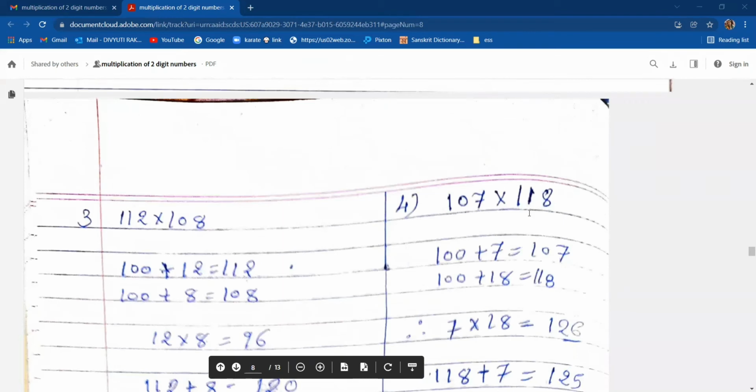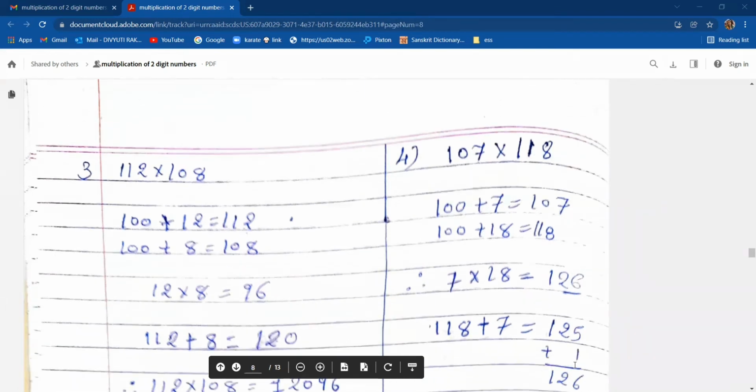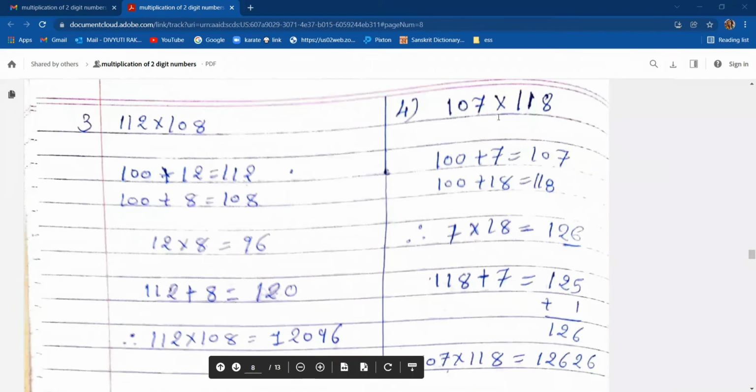Okay, now 107 into 118. So it is 100 plus 7. Here 7 is extra, right? So 7 is our required number. Here 18 is our required number. So 18 sevens are 126. And then 7 is easier to add. So I will add it into 118 in cross, right?